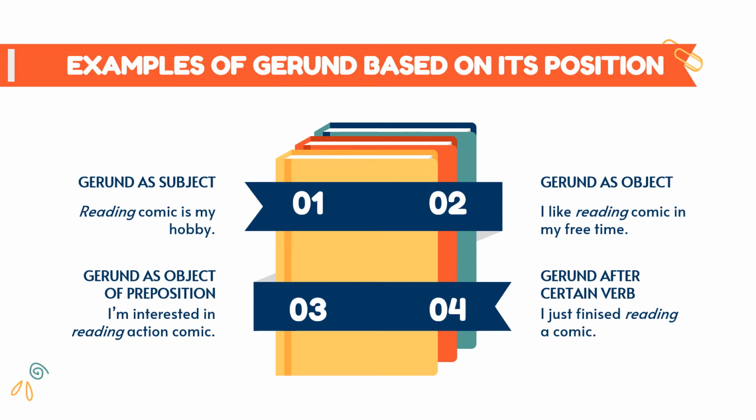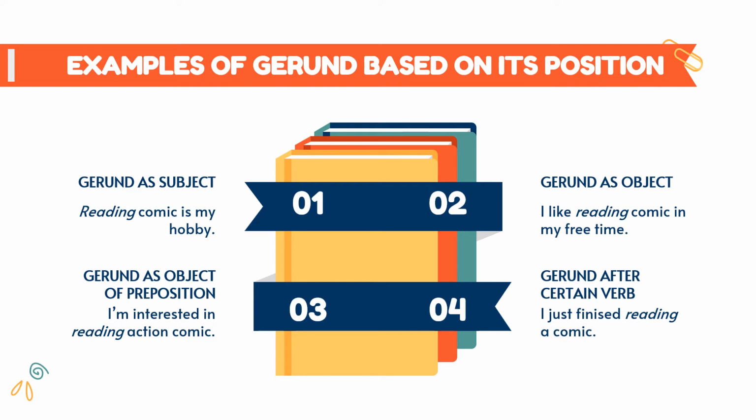And the second is gerund as an object. For example, I like reading comic in my free time. I like reading. The rule is still the same, just like before.